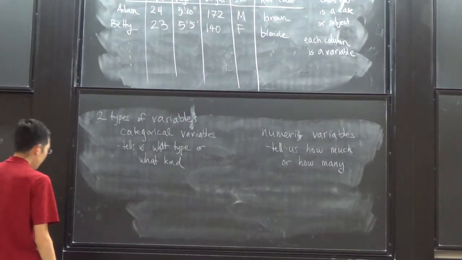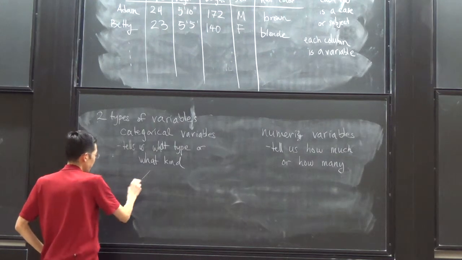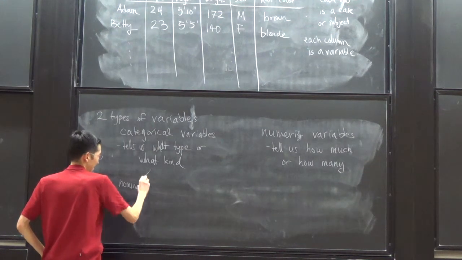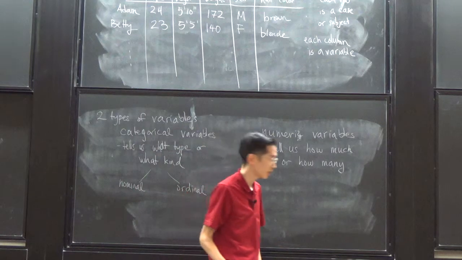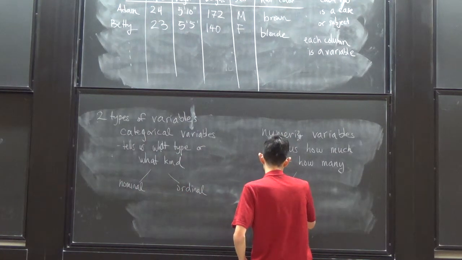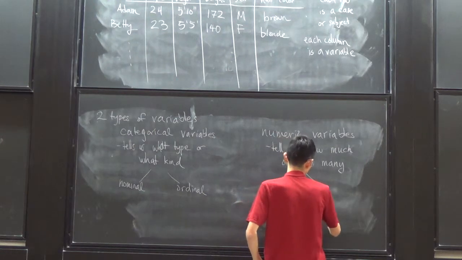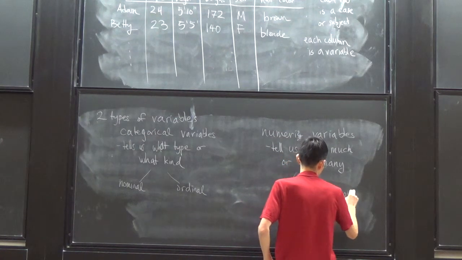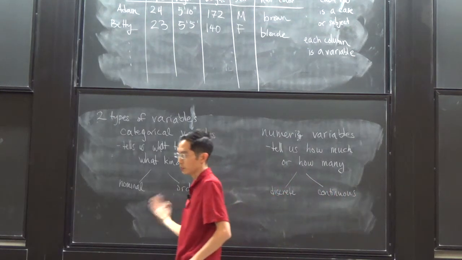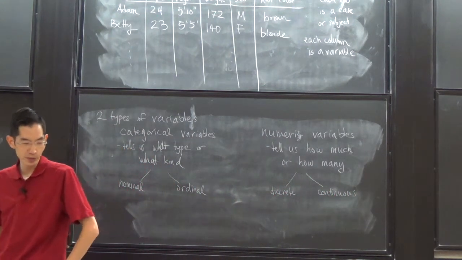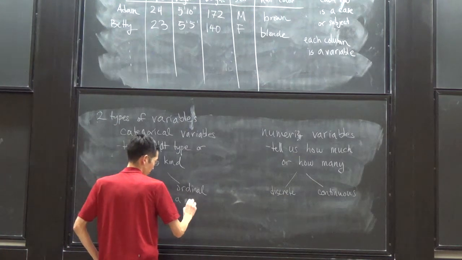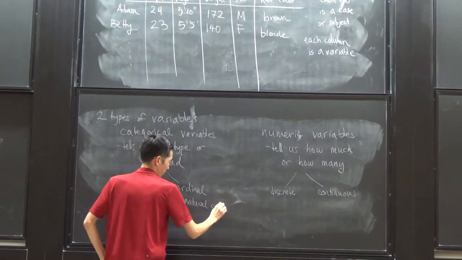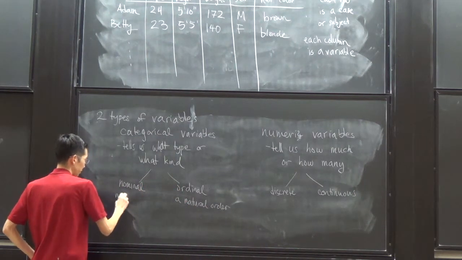The book further divides categorical variables into nominal variables and ordinal variables. And it divides numeric variables into discrete versus continuous. The primary difference between ordinal categorical variables and nominal ones is that ordinal variables have a natural order, whereas these have no natural order.